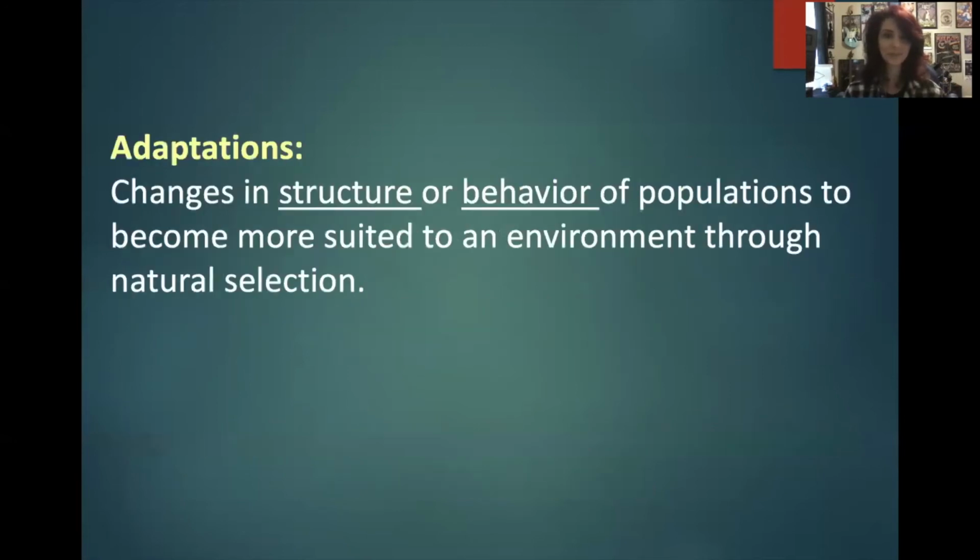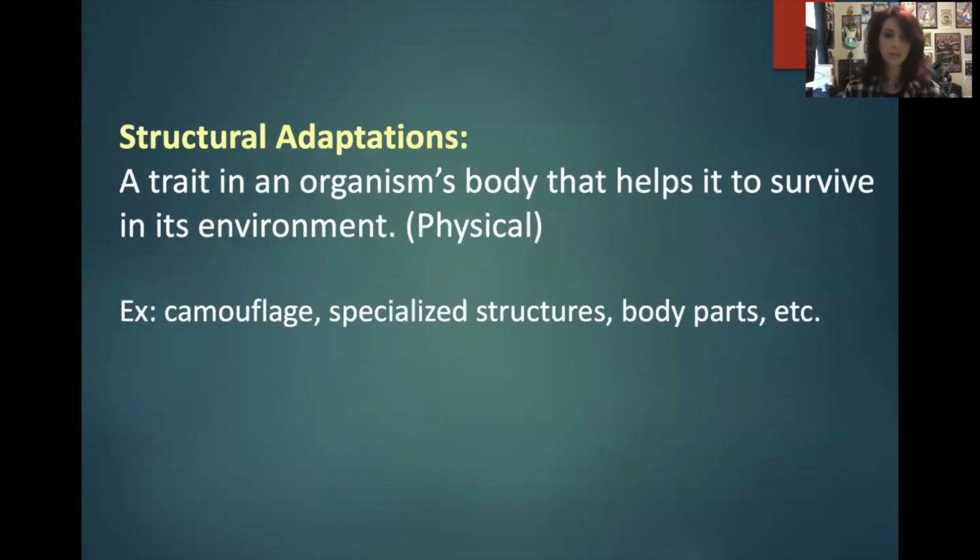What do we mean by adaptation? Okay, we talked about what it is in the abstract, but in specific detail, adaptations are changes in structure or behavior of populations to become more suited to an environment through natural selection.